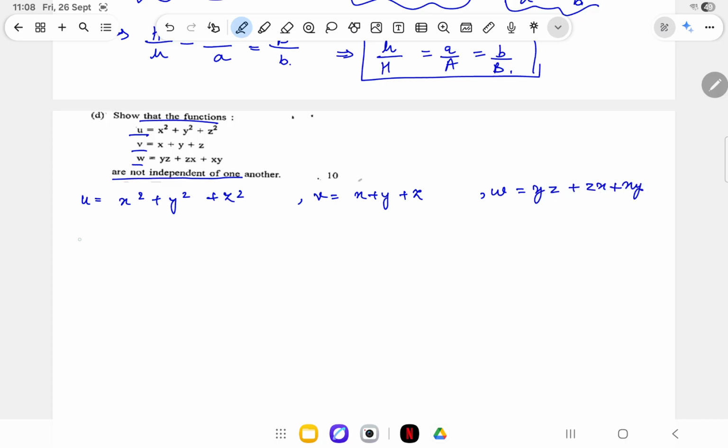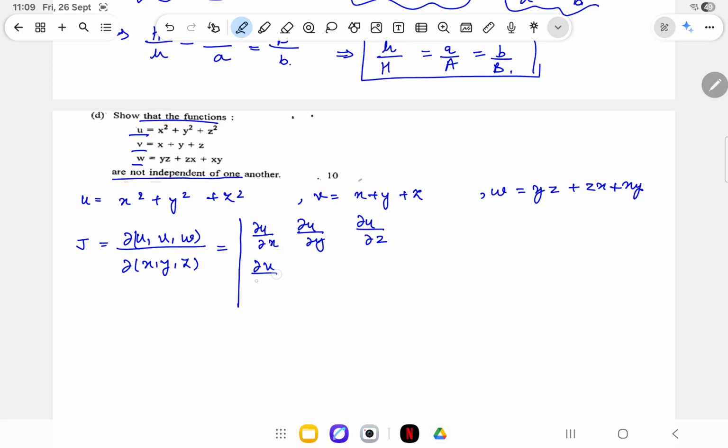So if I just calculate its Jacobian, that will be del of u comma v comma w with respect to x comma y comma z, and it will be equal to del u by del x, del u by del y, and del u by del z, del v by del x, del v by del y, del v by del z, and here we'll get del w by del x, del w by del y, and del w by del z.